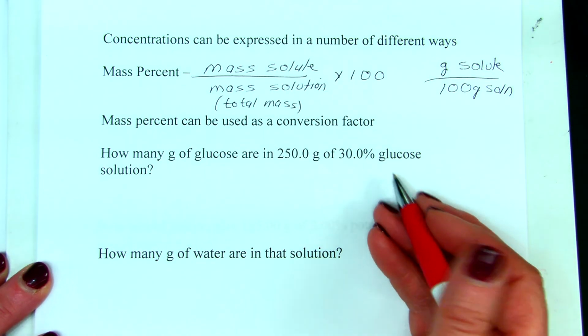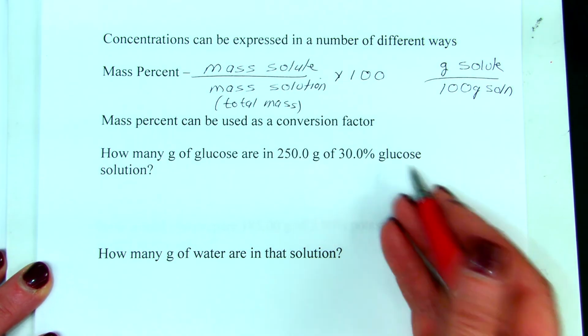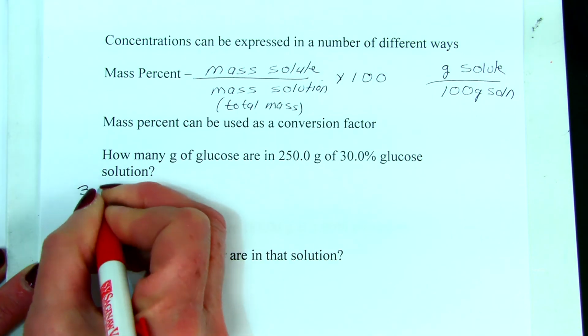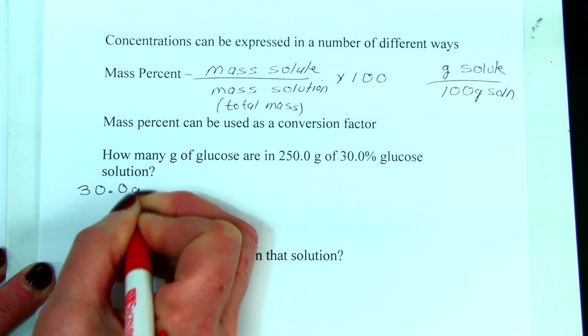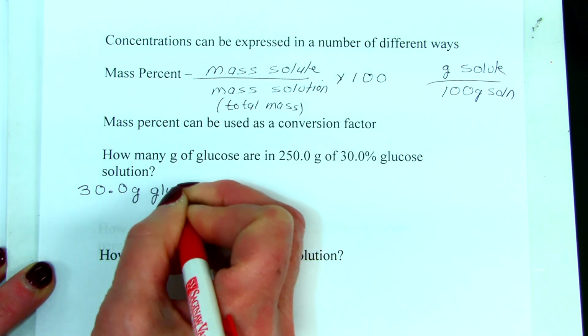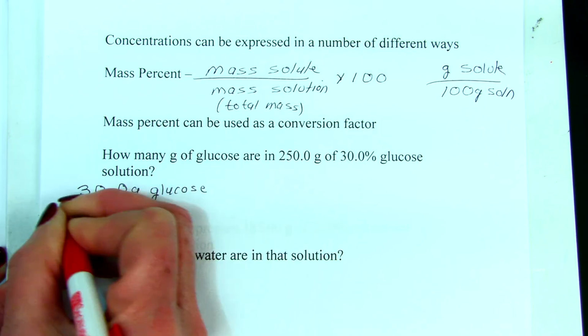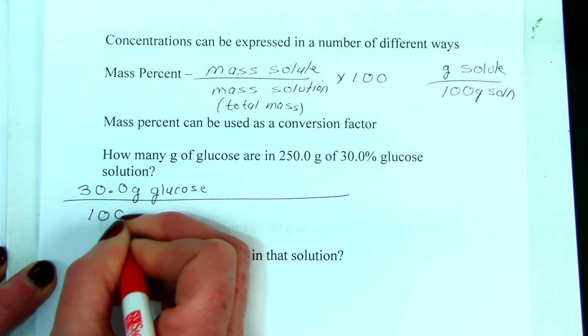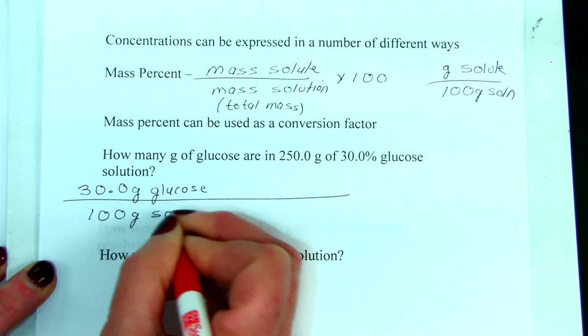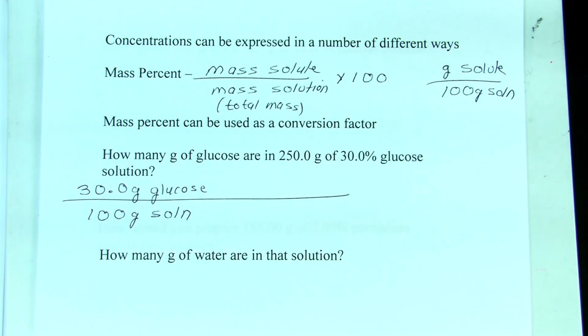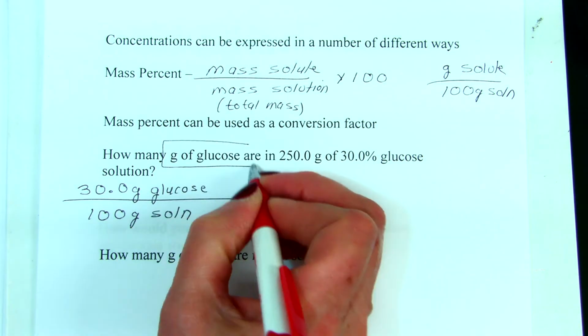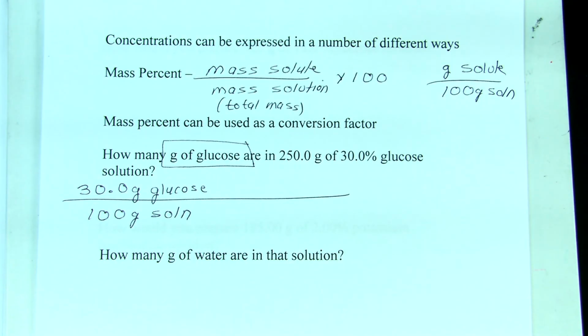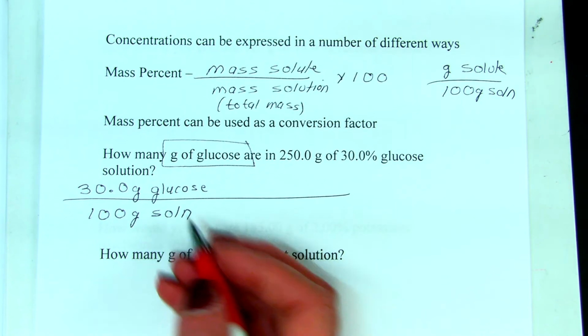We can think of 30% meaning 30.0 grams of glucose per 100 grams of solution. So we have a two-part unit that we can use as a conversion factor. Now the question's asking, how many grams of glucose do I have? So I started my fence post the way I've showed you.